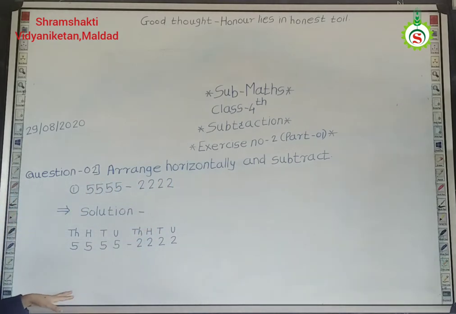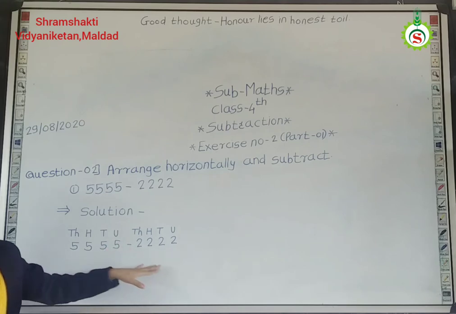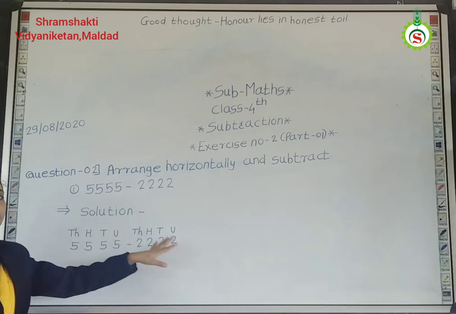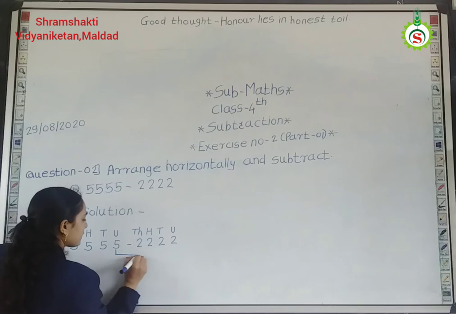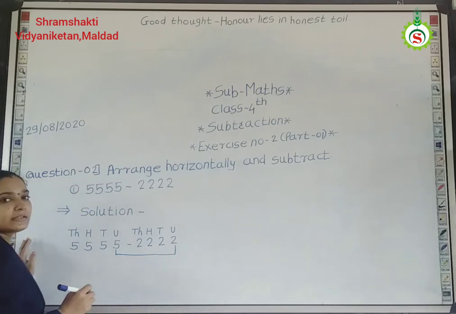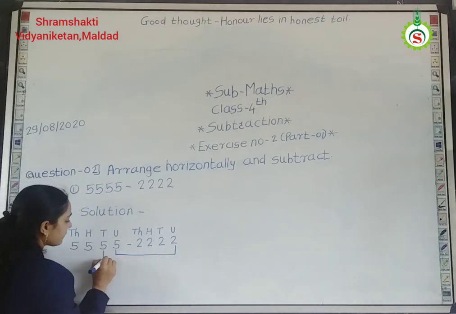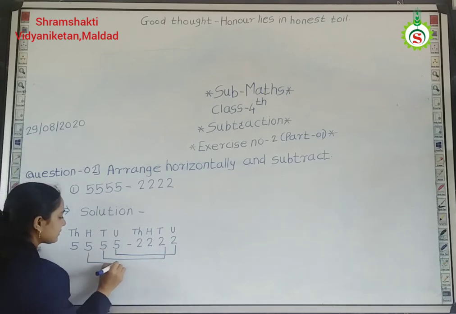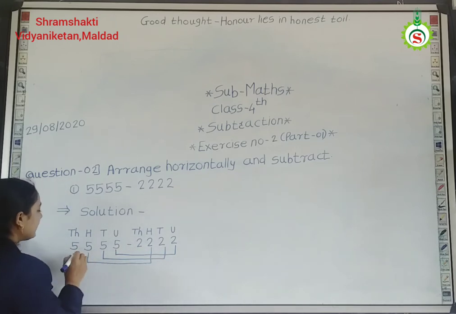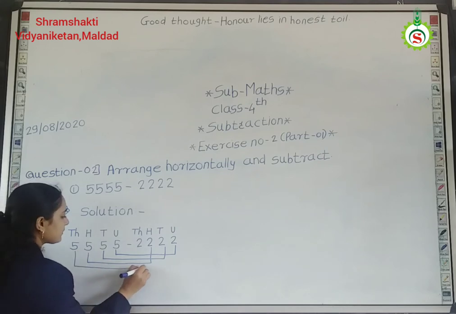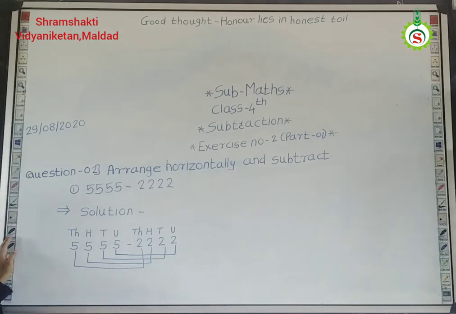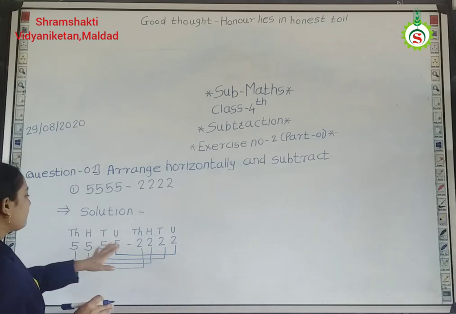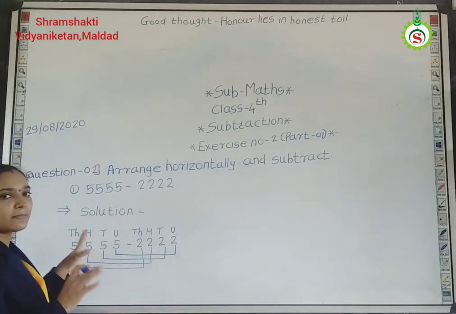So make a pair place wise. Units place pair with units place. Then tens places pair. Then hundreds place. And then thousands place. After that, subtract place wise. Means subtract numbers place wise.